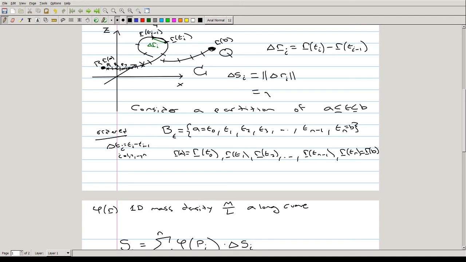So this is exactly equal to the square root of delta xi squared plus delta yi squared plus delta zi squared.